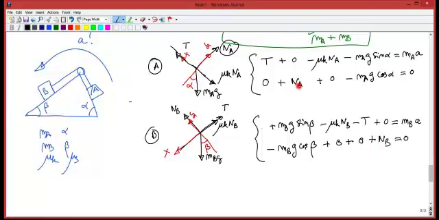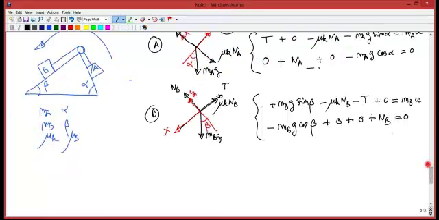So solve for N_A in the second equation, solve for N_B in the fourth equation, and substitute in the first and the third. And then you combine those two. So let's do that. You can add equation 1 and 3 because T has positive here and negative here, so we can do everything in one sweep.